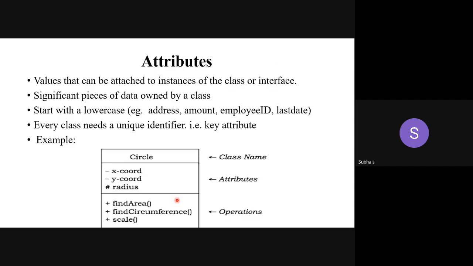Private means if I declare a variable as private, then this variable can be used only within the class, only by the objects that are created for this class. That means I can use these attributes only for making these functions, only for executing these operations. That same concept only. Just by notation it differs, that's all.